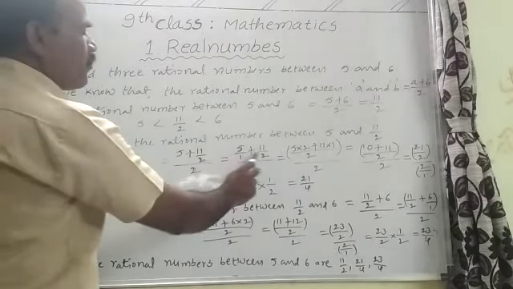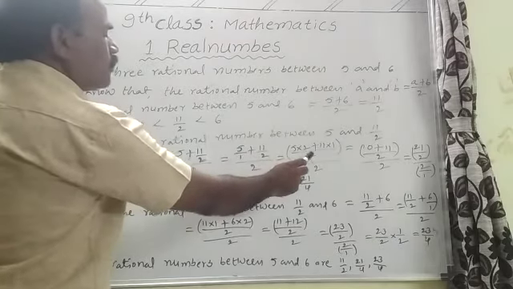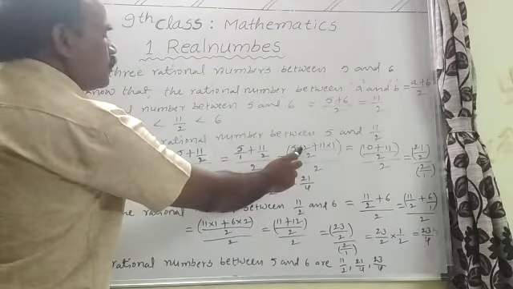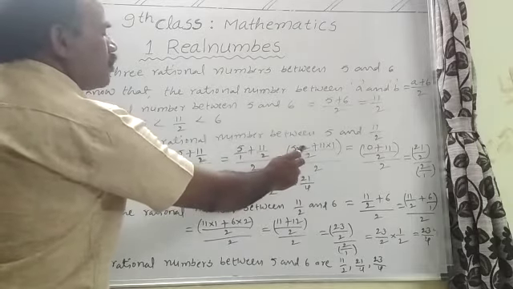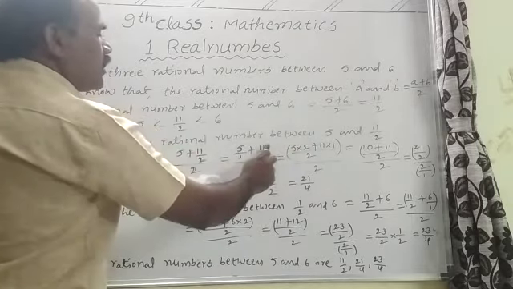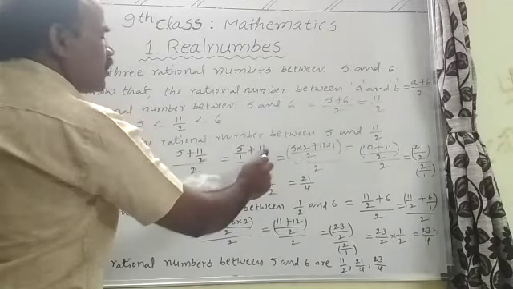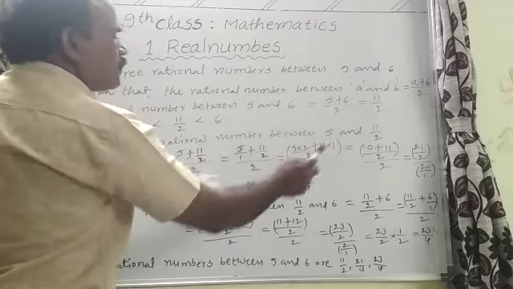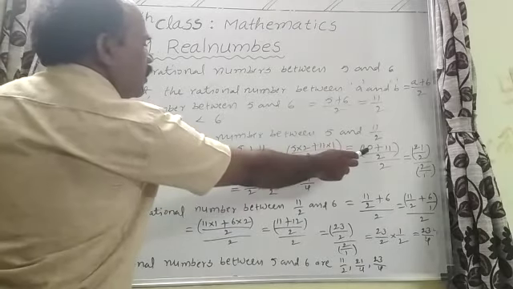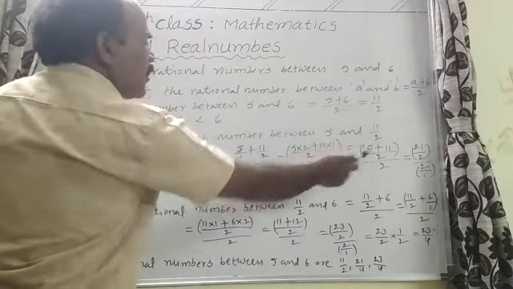Find the LCM of 1 and 2, which is 2. 5 into 2 divided by 1 is 10, plus 11 into 1 divided by 2 is 11. So 10 plus 11 by 2.